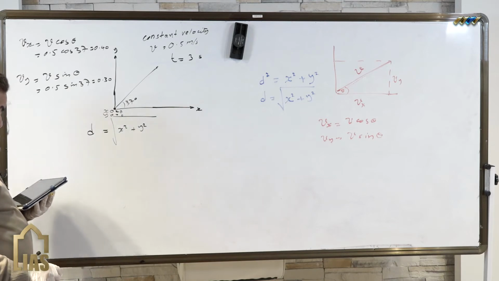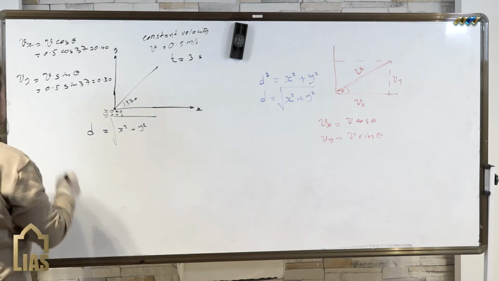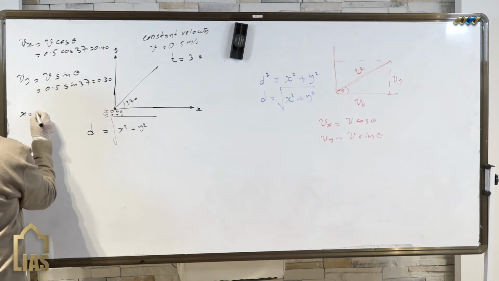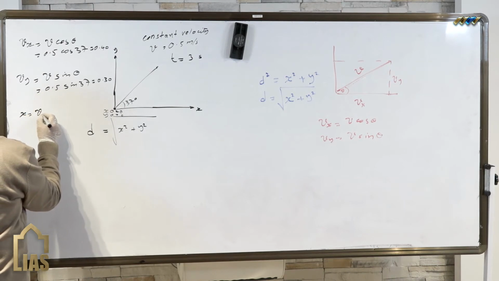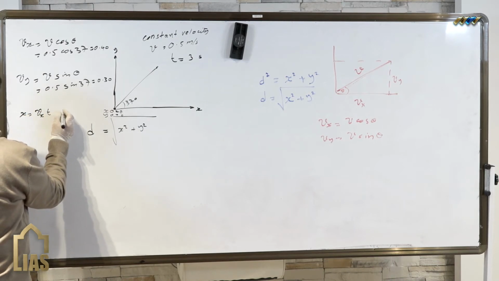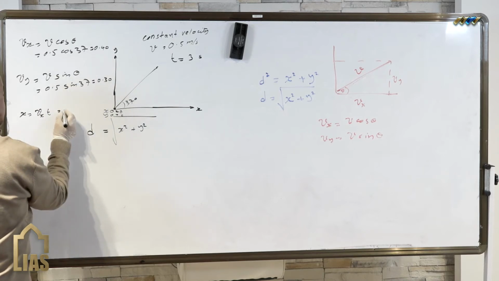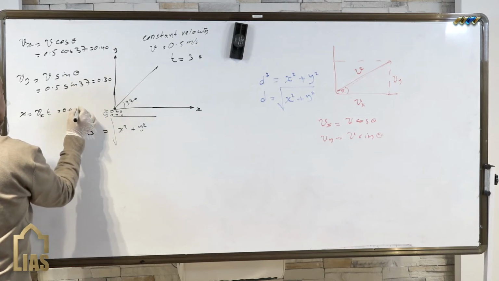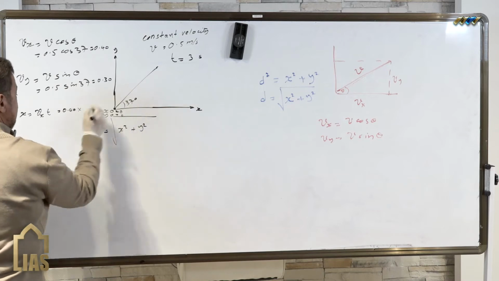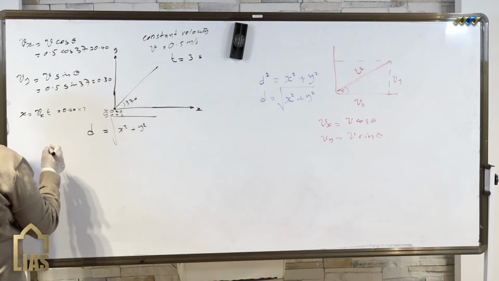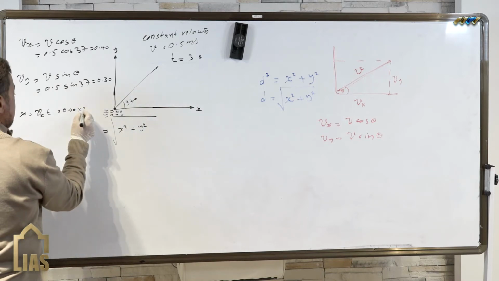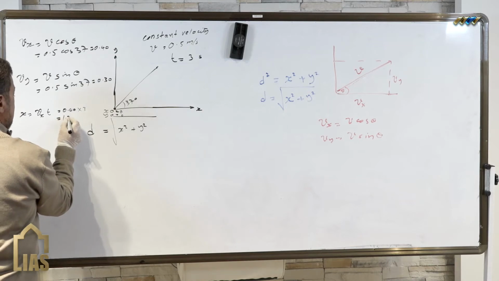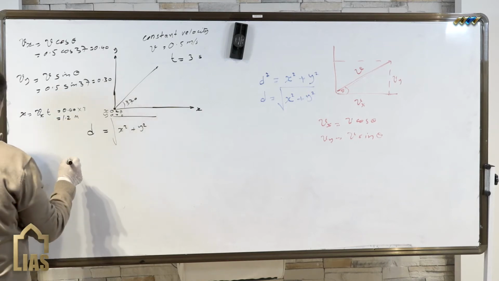Then we'll say that x is equal to Vx t. Vx is 0.4 times the time, which is 3 seconds. That will give you 1.2 meters.